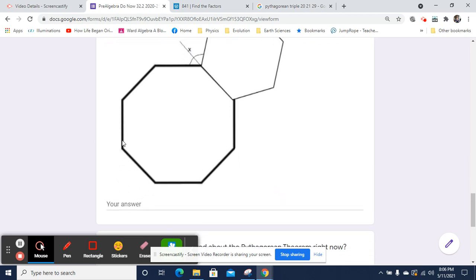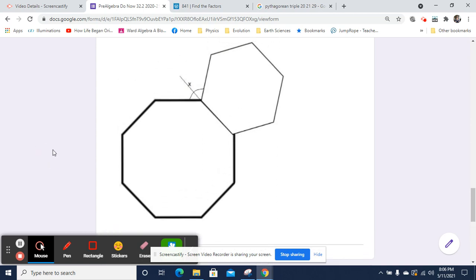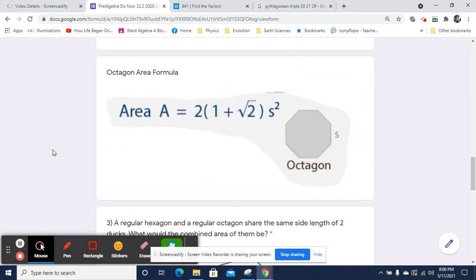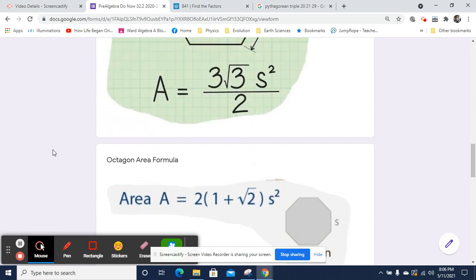Which means that all of the side lengths are 2 ducts for both of them, so we can use 2 ducts as the side length for both. And both of the formulas are in terms of side. So we got root 3 times side squared, and then we've got 2 times all of this times side squared. So side squared is 2 squared, so it's going to be 4 in both cases.